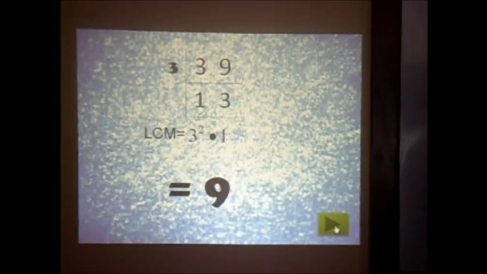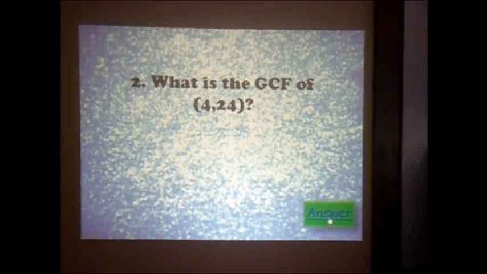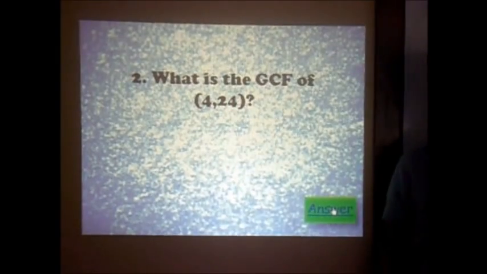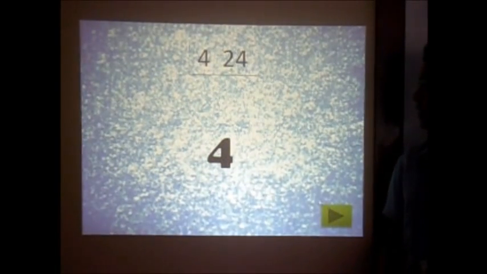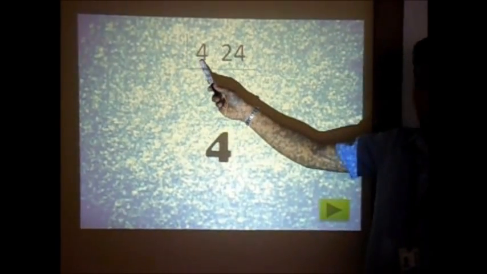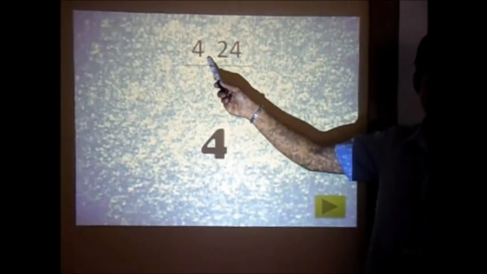So that is the answer. We have the second question. What is the GCF of 4 and 24? Following the same procedure as in finding the LCM, the answer is 4. Why? We think of the number that is divisible by the given numbers.